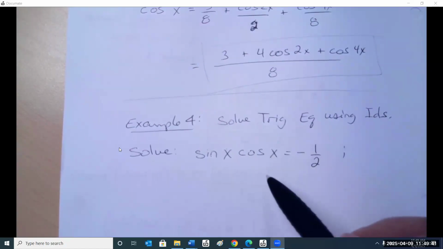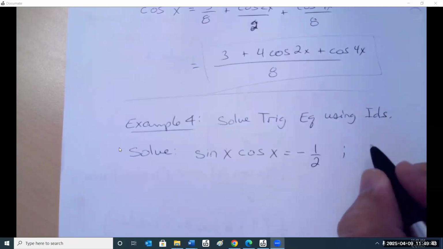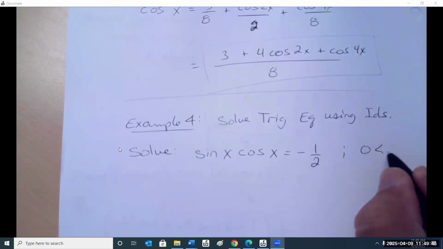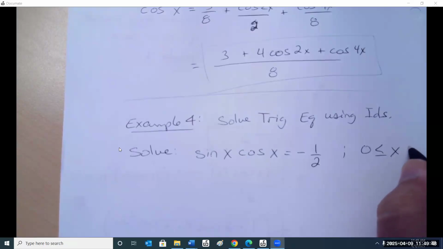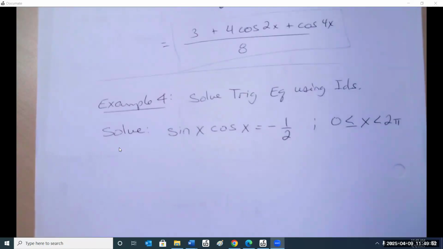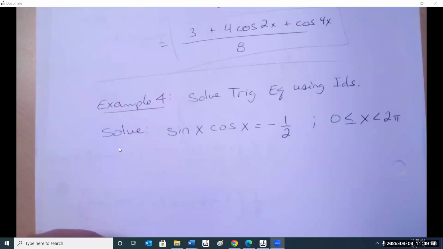Solve sine x cosine x equals -1/2 for our x being in this domain from 0 to pi. It means everywhere.